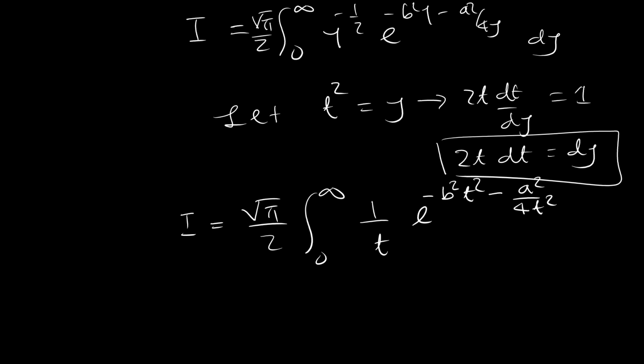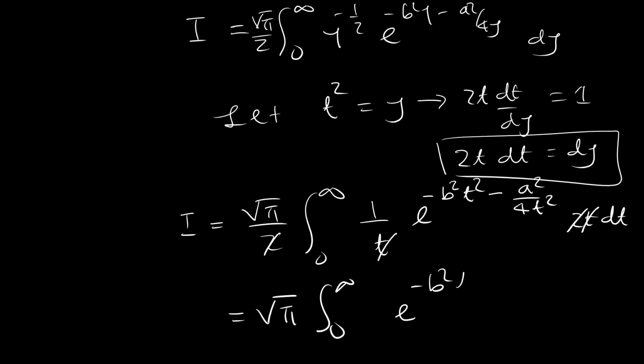And then dy is 2t dt. So we have this and that cancel, that and that would cancel away. So we have square root of pi, rather, integral from t equals 0 to infinity of e to the power negative b squared t squared minus a squared over 4t squared. Okay, so we are getting closer and closer.